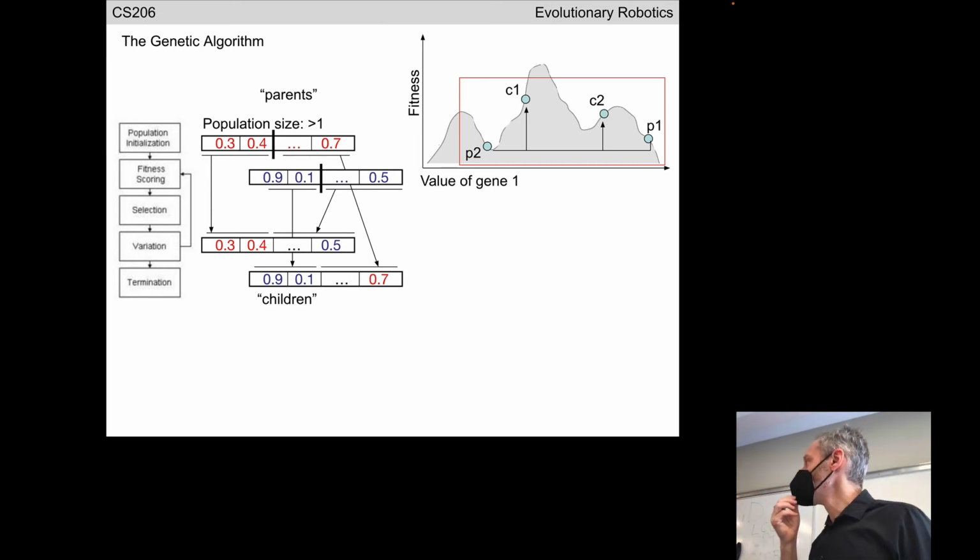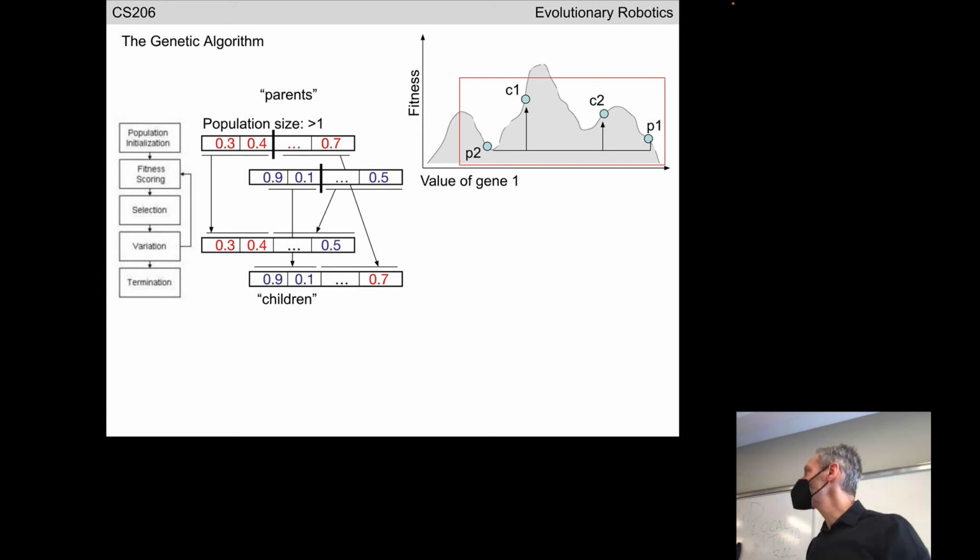Let's imagine P1 and P2 survive into the next generation, and we cut both P1 and P2 in half at exactly the same point. We take the first half of P1 and we glue it onto the second half of P2, and that becomes C1. We take the second half of P1 and the first half of P2, glue those two pieces together, and that becomes C2.